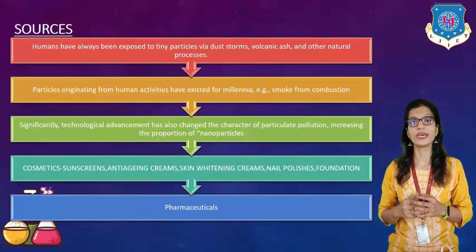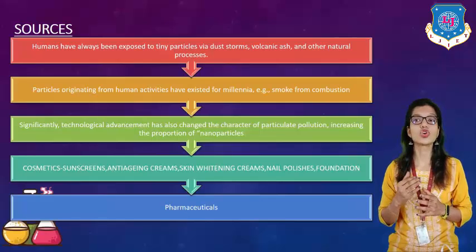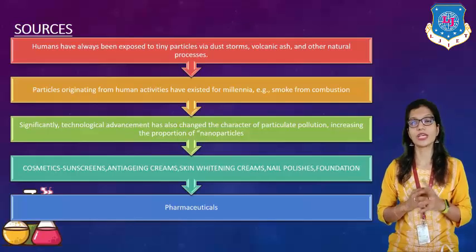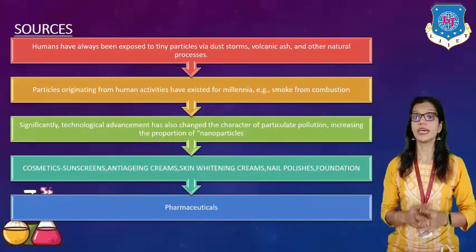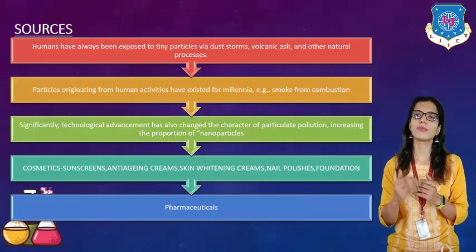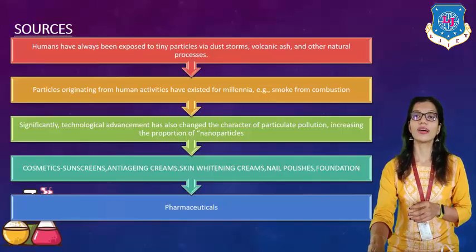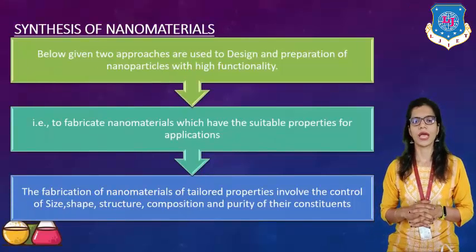But nowadays, the use of medicines has increased. So as they become more and more available to human beings, nanoparticles came into the picture more and more. Right? So these are all the sources of nanomaterials.